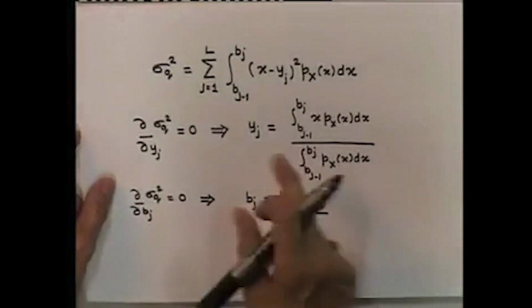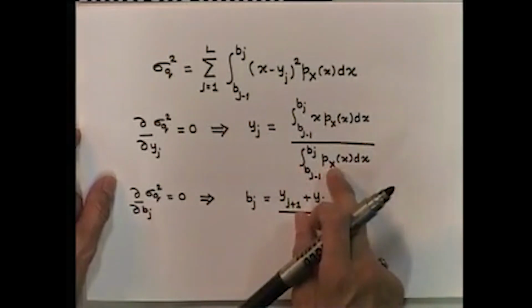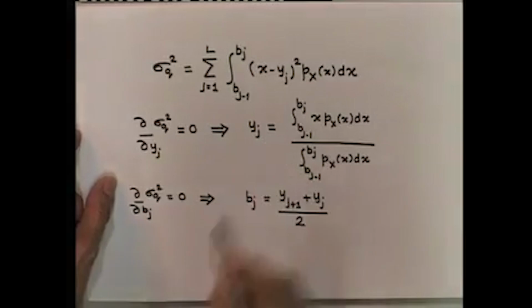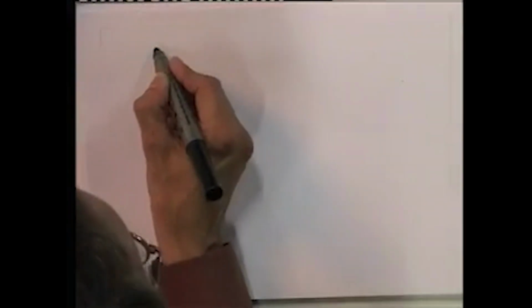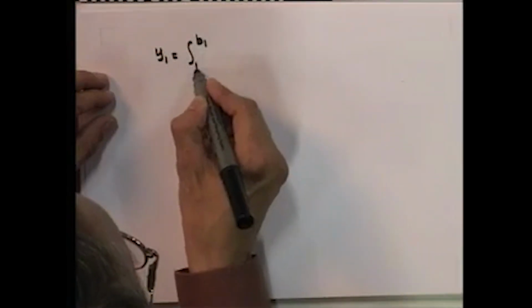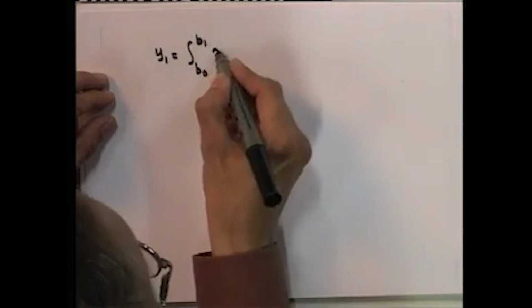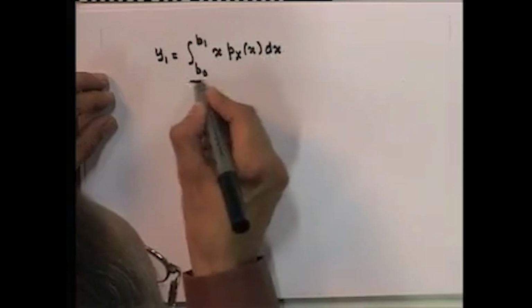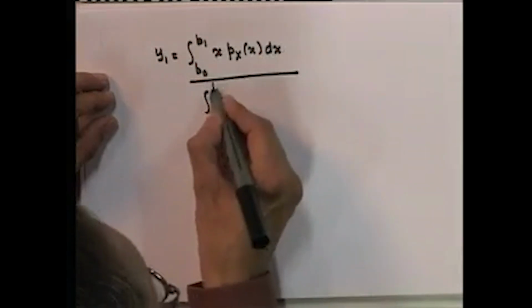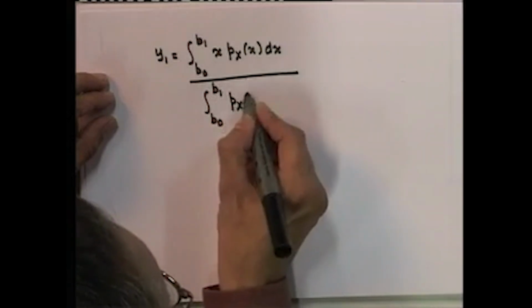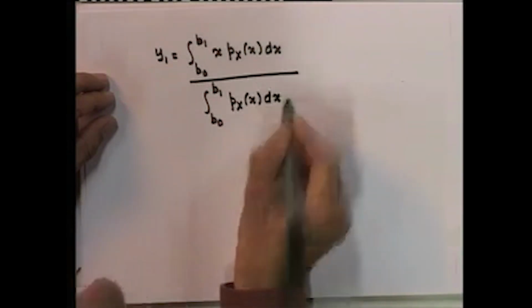So, in this equation let us set j equal to 1. If we set j equal to 1, we get y_1 equal to the integral from b_0 to b_1 of x p(x) dx divided by the integral from b_0 to b_1 of p(x) dx.